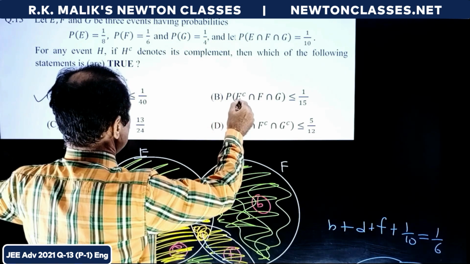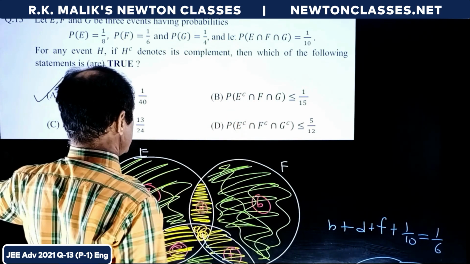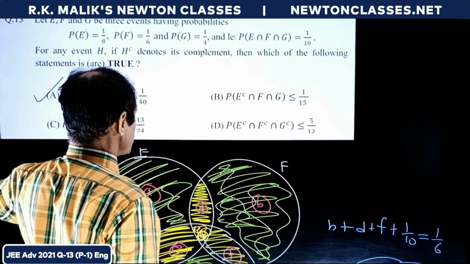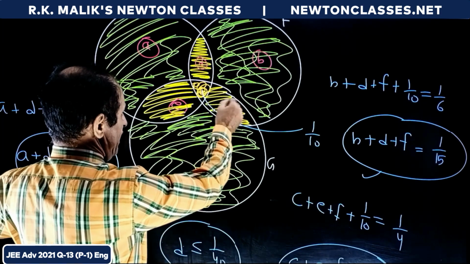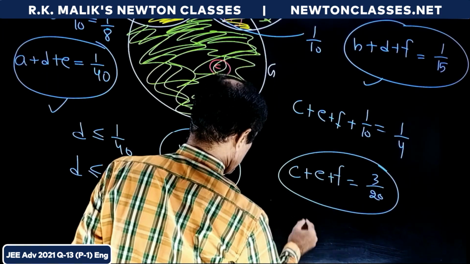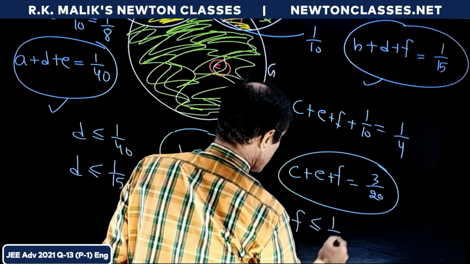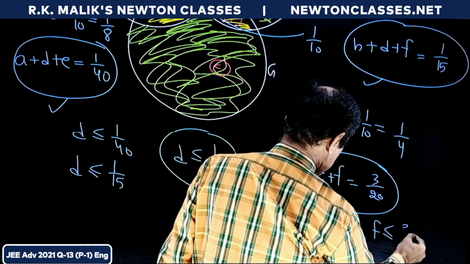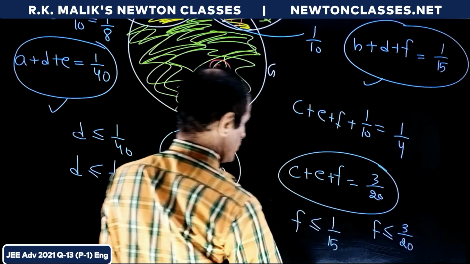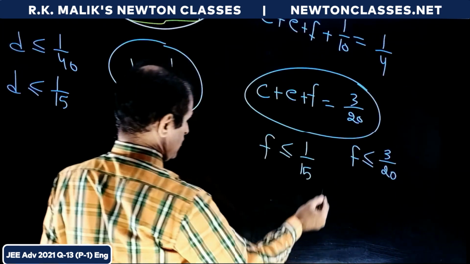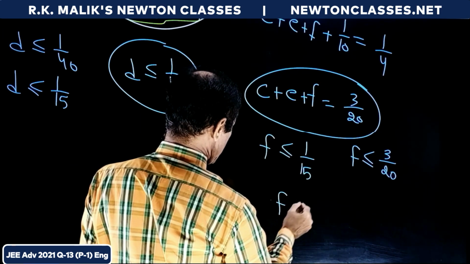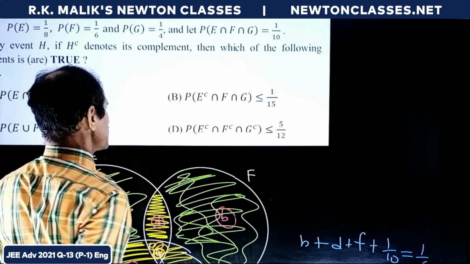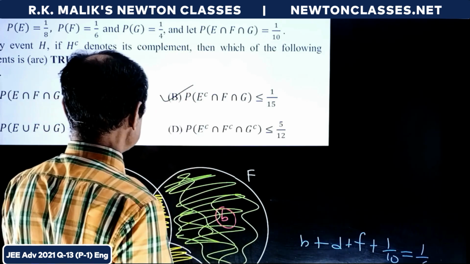Similarly, the probability of E^C intersection F intersection G means inside F and G and outside E, that is F. From here I can say F is less than or equal to 1 by 15, and from here I can say F is less than or equal to 3 by 20, and because 1 by 15 is smaller, from these two I get the conclusion that F is less than or equal to 1 by 15. Hence B is also correct.